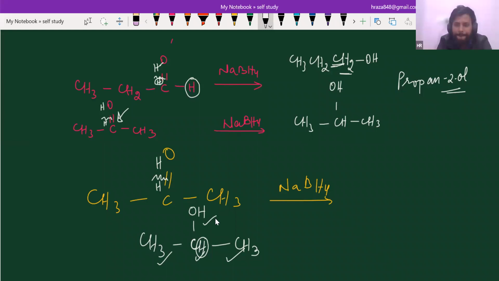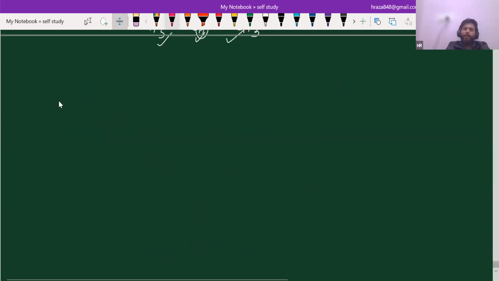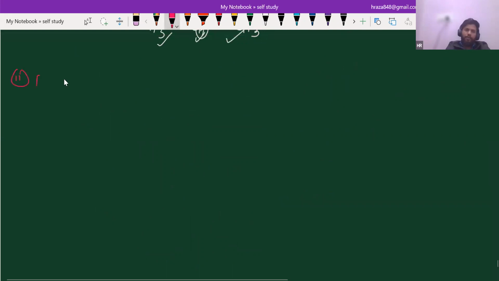Can we move to the next reaction? Yes, sir. I'm going to change the slide, and the next part of reduction is reduction to hydrocarbon. There are 2 named reactions.